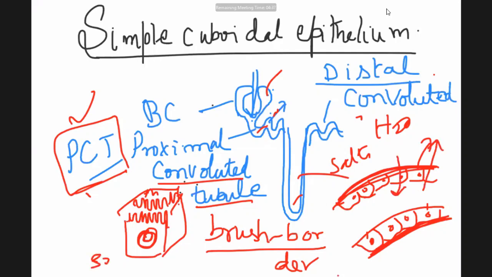Secretion and absorption happen here. Secretion is a process where some waste can enter into this. In the kidneys, that is what secretion means. Don't take it as digestive gland or saliva secretion. So one location, simple cuboidal epithelium with brush border: PCT. Simple cuboidal epithelium without brush border: distal convoluted tubule.